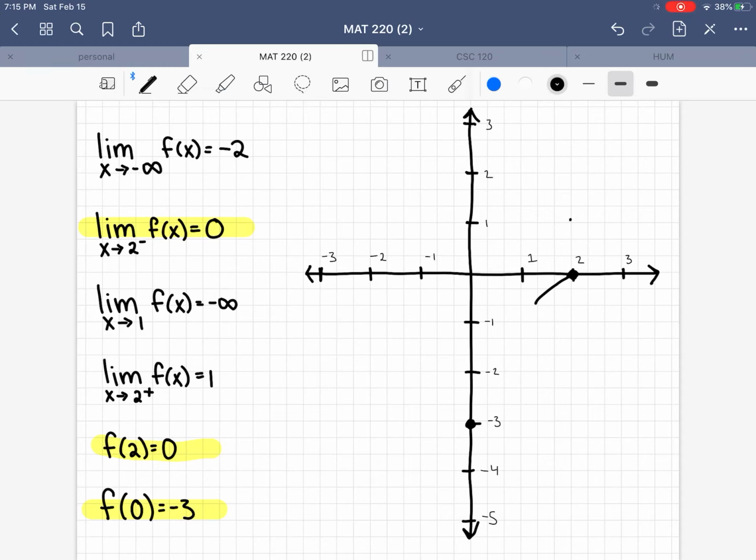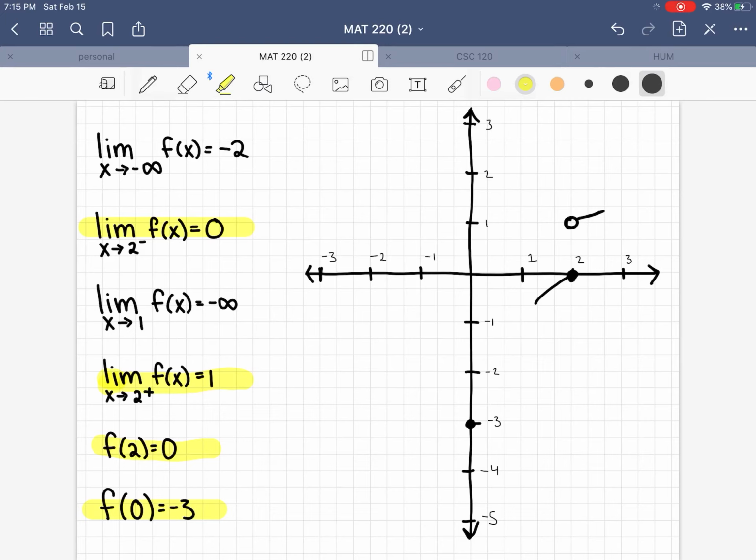So we want to plot that point, but keep it open, because our actual value at that point is equal to 0, not 1. But we do know that as x is approaching 2, our f of x is getting closer to that 1. So now we have that down.